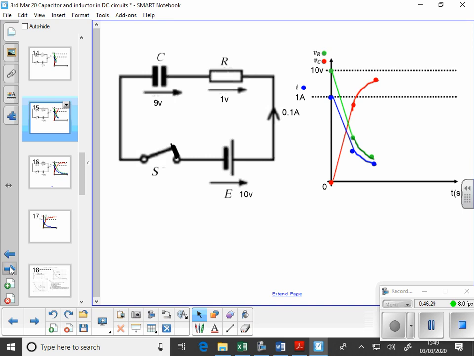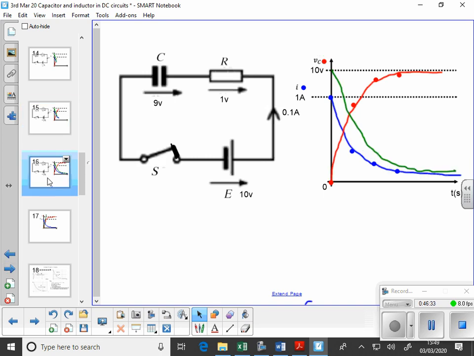If we carry that on further in time, the capacitor voltage rises towards its limit of 10 volts, the voltage that we're applying. We can't go any higher than 10, and the resistor voltage tends towards 0.